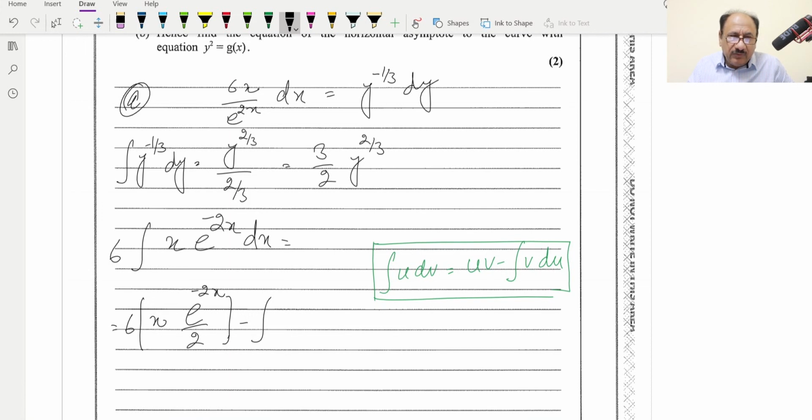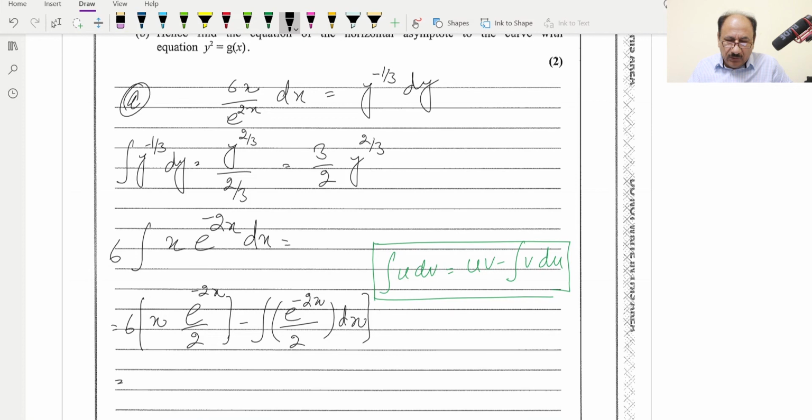Basically what we have done, we have written uv, and this will be the integral of e raised to the minus 2x over minus 2 dx. We have to integrate this portion, and this bracket I will close like this because 6 is multiplying both terms.